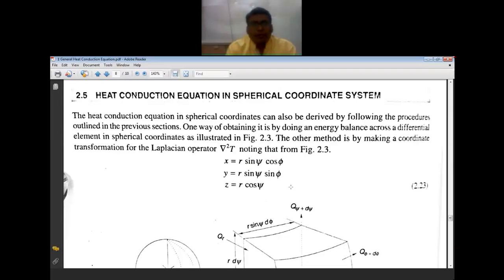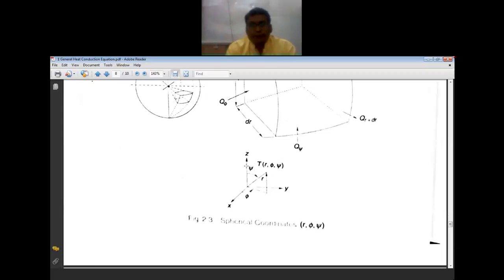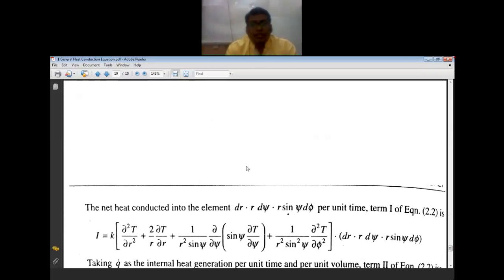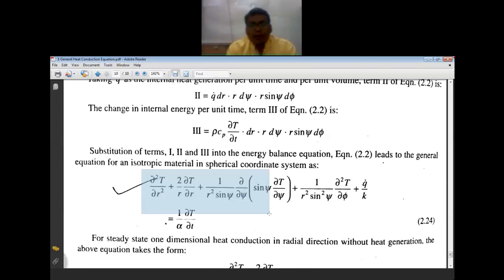That can be manipulated. Then the heat conduction equation in the spherical coordinate system, where x will become equal to r sin psi cos phi, y is r sin psi sin theta and z is r cos psi. So my general three-dimensional equation in the spherical coordinate system becomes this.